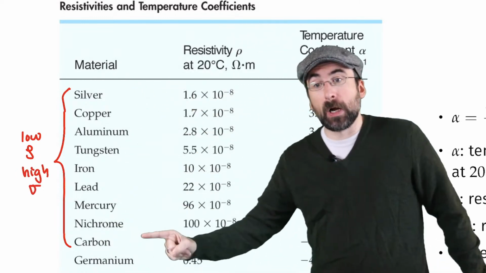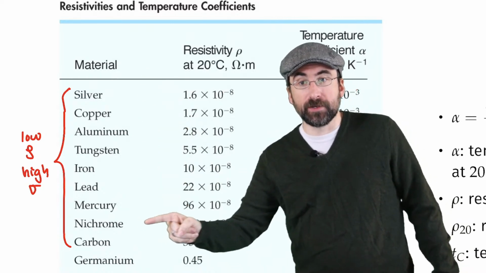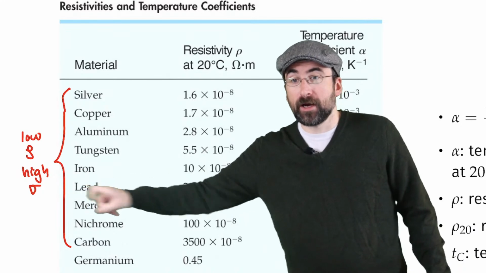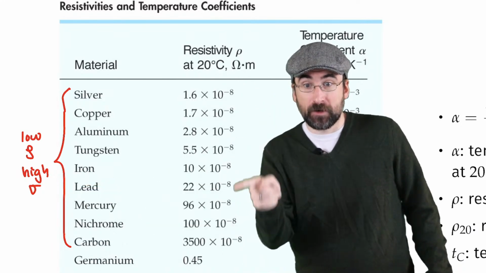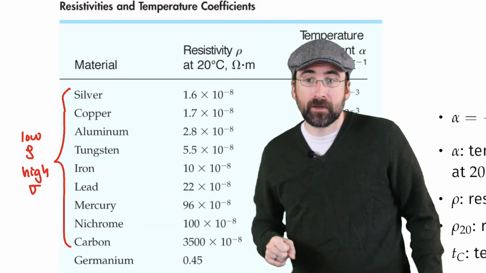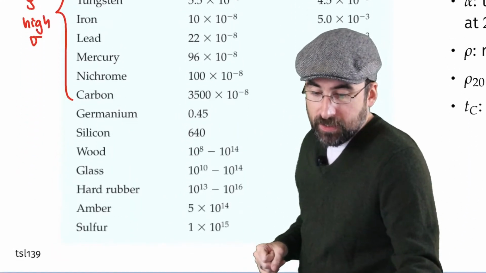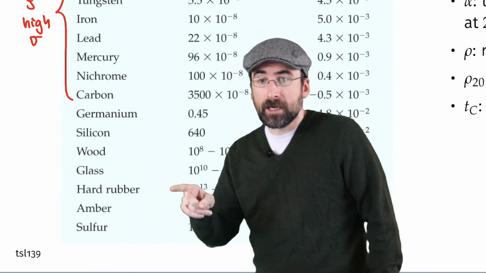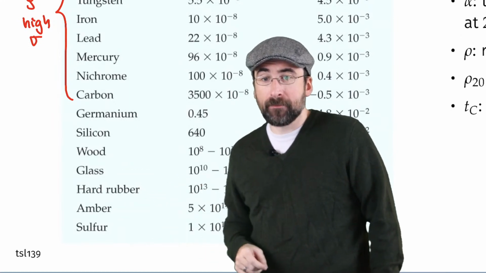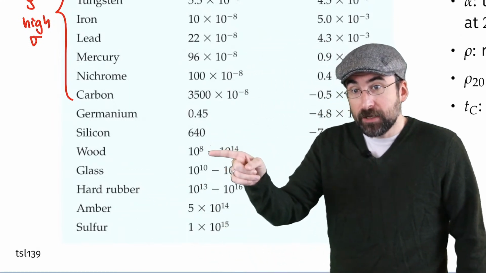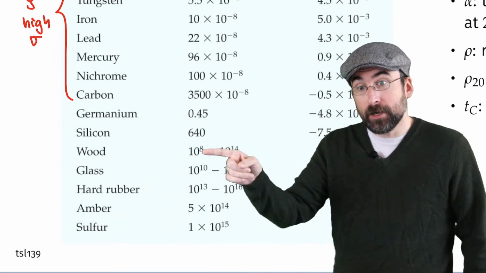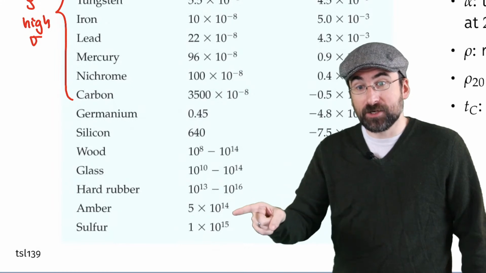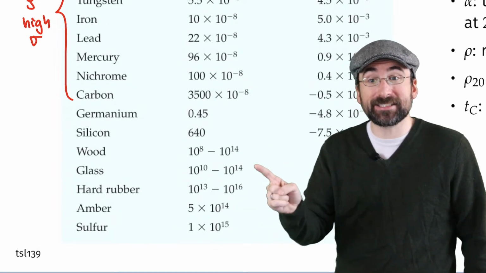So these are all highly conductive materials because their resistivity is small, therefore their conductivity, which is the inverse of this number, would be very high. By contrast, if you look at these materials down here, things like silicon, wood, glass, rubber, amber, they have, well, particularly down here, enormous resistivities by contrast, as high as 10 to the 16.